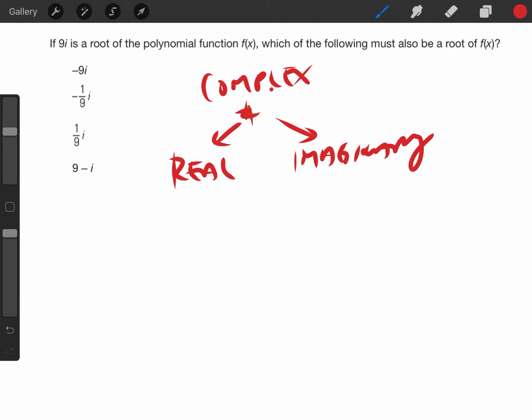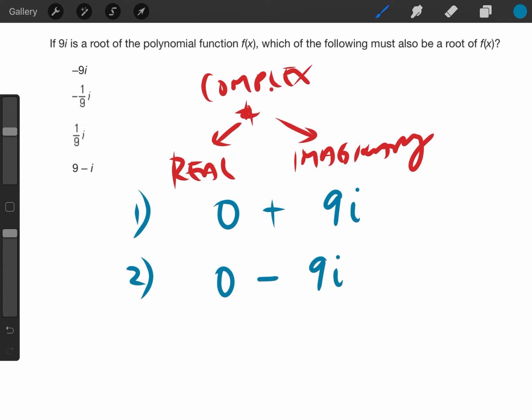Okay, so in this case, if one of the roots is 9i, think about that in terms of the real number. The real number part is 0, so let's just say it's 0 plus 9i. Okay, that's my first. The other one has to be 0 minus 9i. So that's just negative 9i. That's your answer.